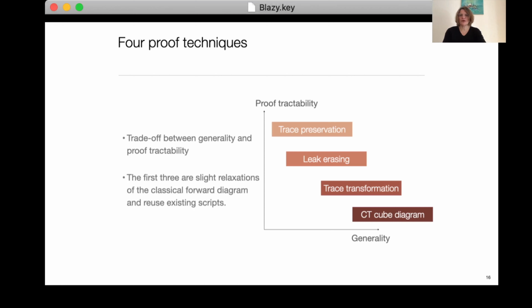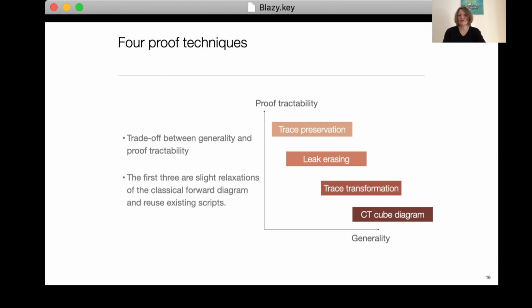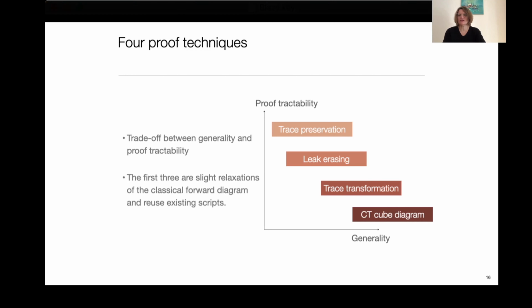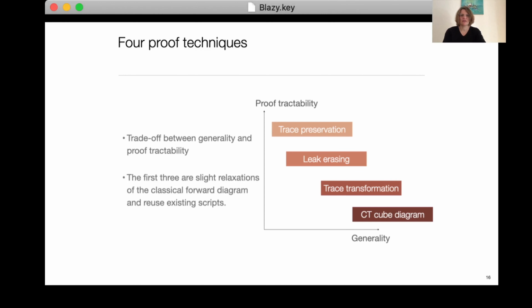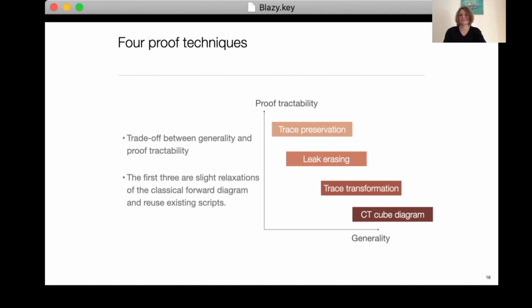So these techniques range from very simple modification of a simulation diagram to complex reasoning on a cube diagram involving 4 different executions of a program. And interestingly, the first three methods are slight relaxations of the classical forward simulation diagrams. So we were able to reuse existing diagrams for these three methods.